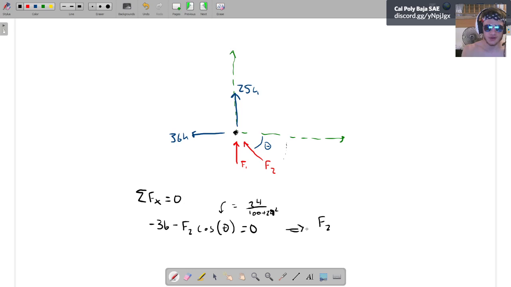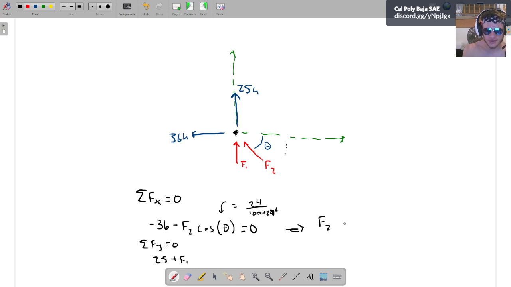Yay, because there's only one unknown. Let's do the sum of the forces in Y equals 0. So I've got 25 plus F1 plus, oh wait, hold on. Did I take care of my negatives properly? I did not.